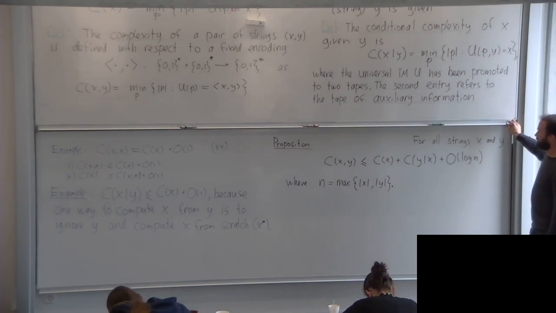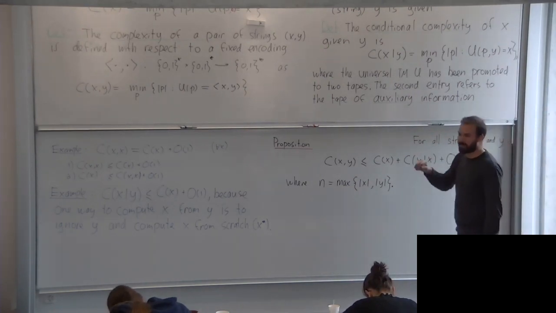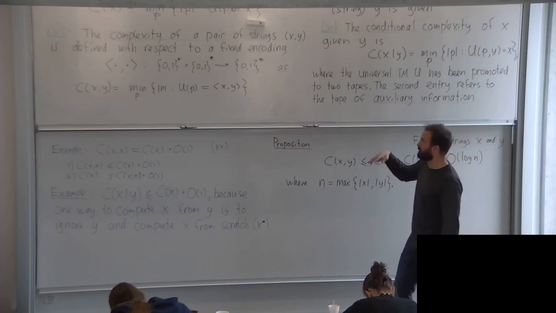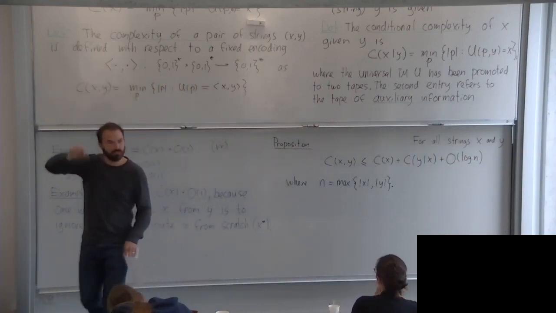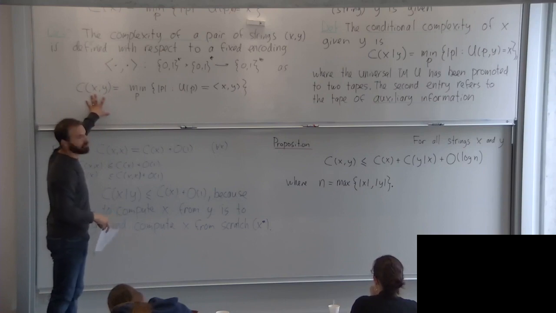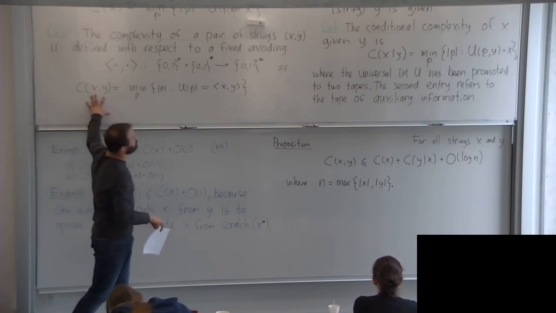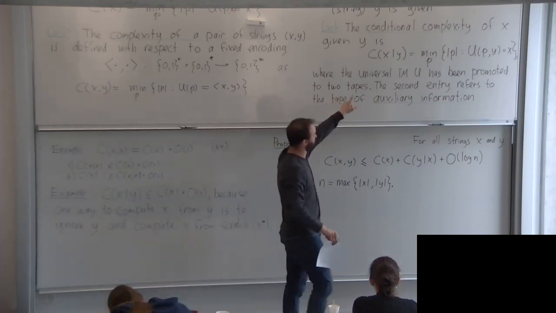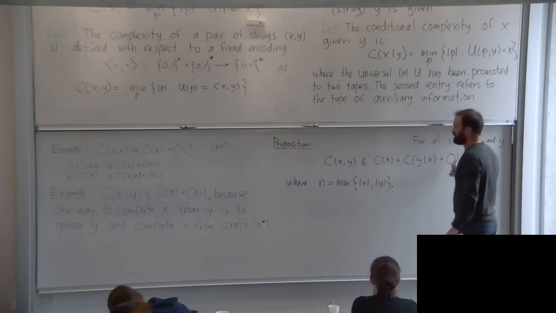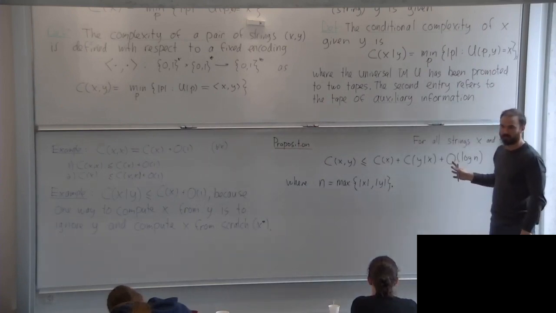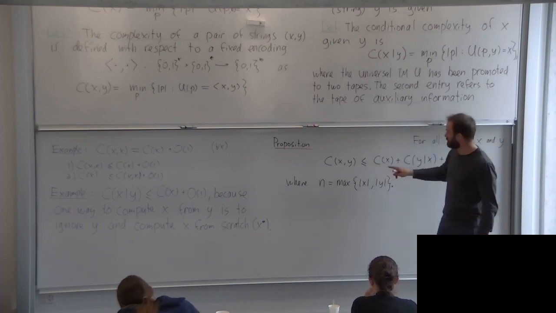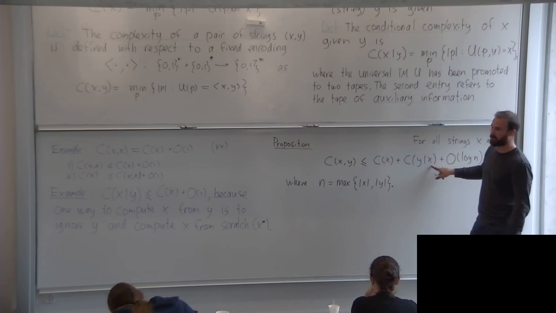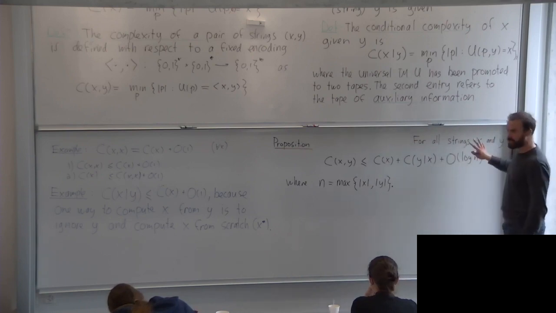It looks like I'm trying to be fancy. We have three definitions so far: the complexity of a single string, the complexity of a pair of strings, and the conditional complexity here. And they're related to one another in this way. The complexity of a pair, xy, is smaller or equal to the complexity of x plus the complexity of y given x, plus something which is small.